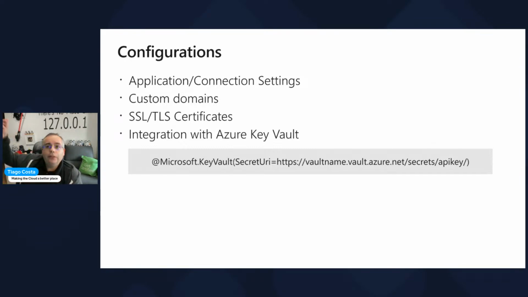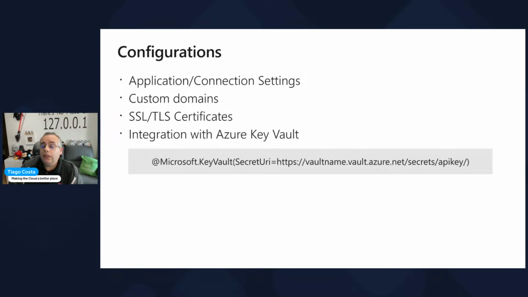So imagine that I have a scenario where I have an API key that I need to go to a third-party API. The way that I need to authenticate on that third-party API is through an API key. It's not mine. I don't control how it's done. API keys are not the best thing in terms of security, but look, it's what we have. I need to store that API key in the most secure way possible.